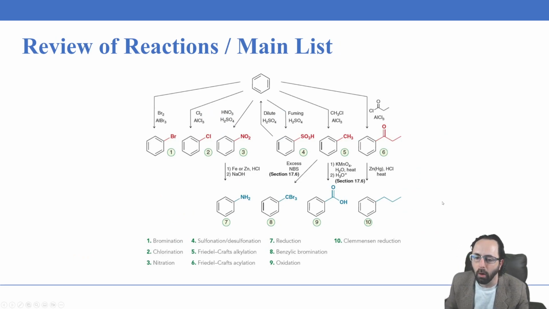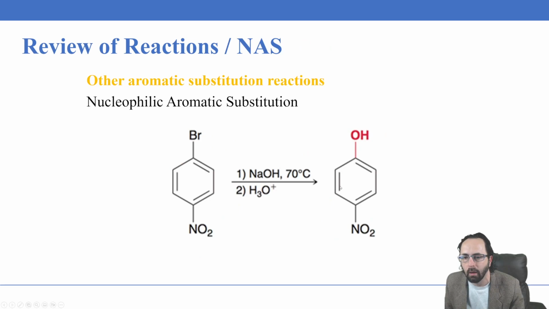If that is not the case, then the reaction will proceed through the elimination-addition mechanism. So here is a summary of all the reactions that occurred in this chapter. We have the electrophilic aromatic substitutions and subsequent reductions or oxidations, and then the mechanism that occurs depends on how those benzene rings are substituted, right? If we have a benzene ring that has a strong nucleophile in the presence of an electron withdrawing group and a leaving group, we will do nucleophilic aromatic substitution.